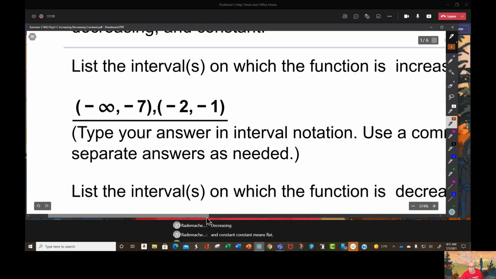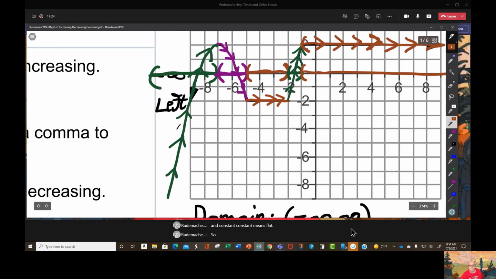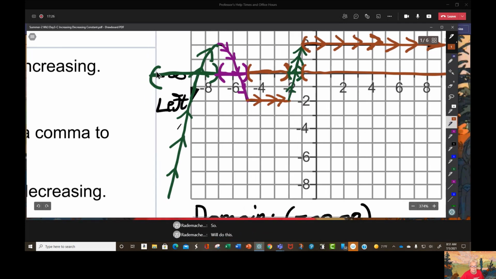So we'll do this. From -infinity to -7, and from -2 to -1, the graph has increasing segments.